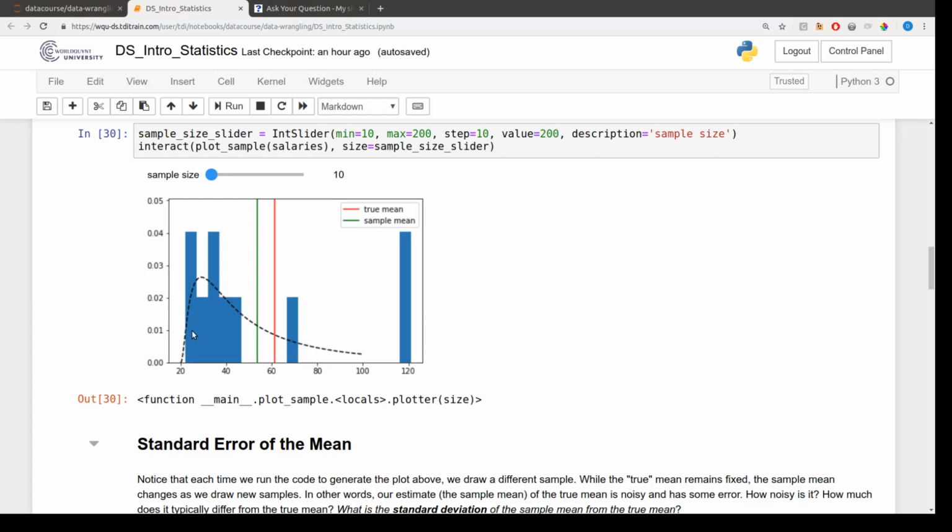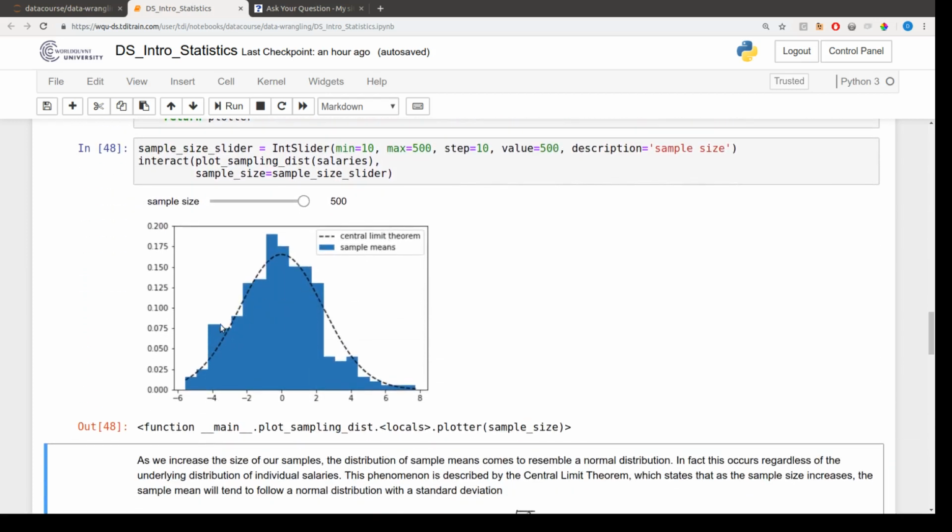From this, once we collect a sample, we can calculate the sample mean. The individuals in our sample, their salaries are random. They are random variables. Since the sample mean is calculated from this collection of random variables, the sample mean is itself a random variable. And since it's a random variable, it follows a probability distribution.